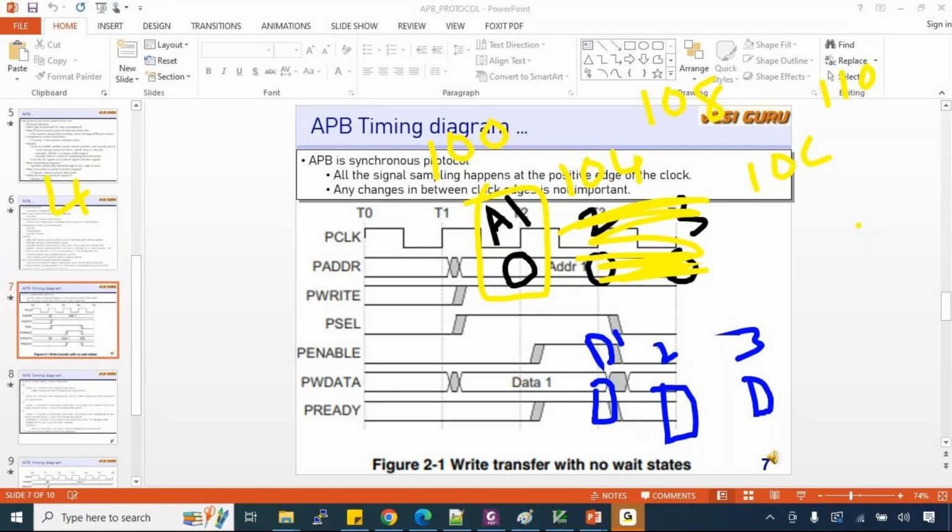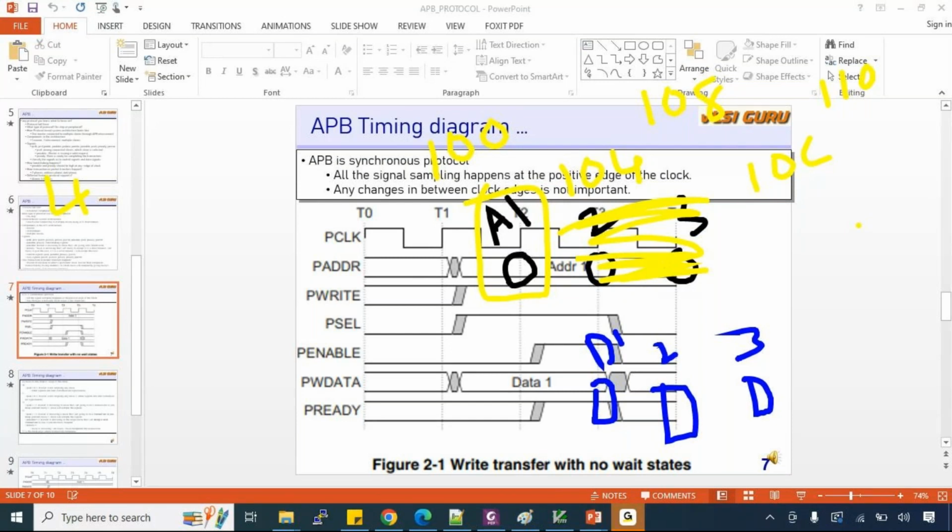Whereas when you come to AXI, out of these 25 transfers, the address phase is only done once. The remaining 24 times you won't do it at all. Why? You assume that for the second, third, and fourth transfers, the slave is intelligent enough to make those calculations.